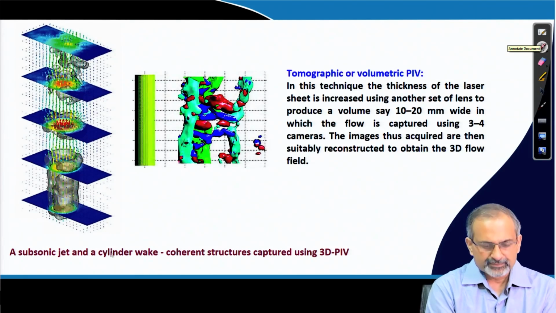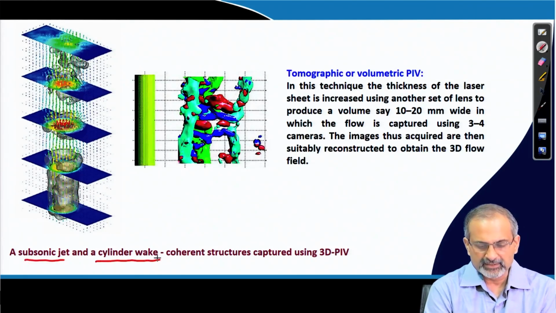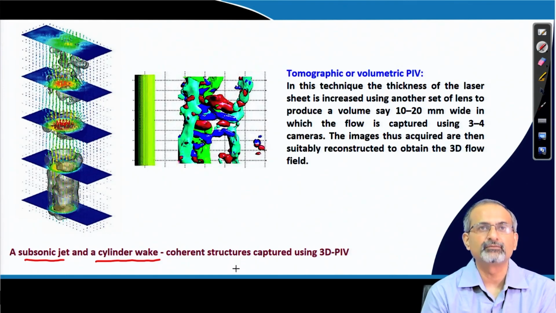Here what we are seeing is a subsonic jet and a cylinder wake with much more detailing of the flow field, because we are essentially looking at a 3D flow field.